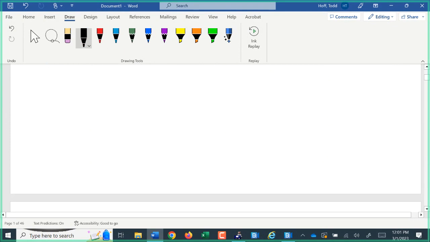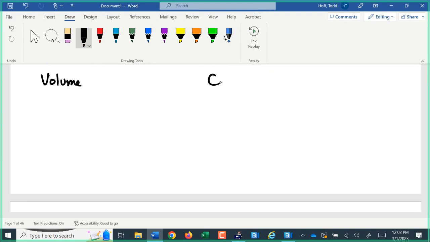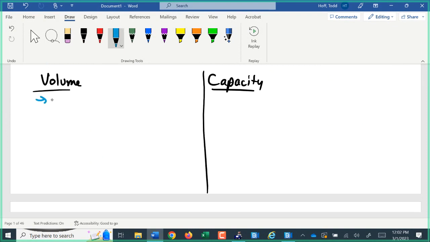Next, let's talk about the difference between volume and capacity. Well, volume was derived from length units. And actually, in most cases, calculated from length units.